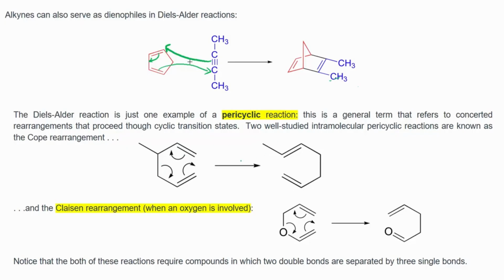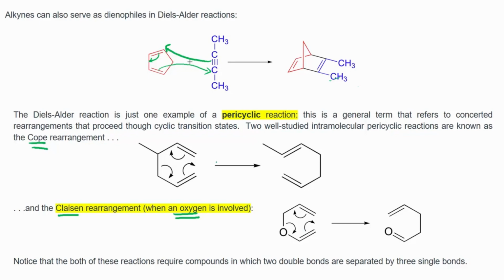It could also be seen as if you have what looks like an open ring and you have a heteroatom, like it's an ether molecule but it's a diene, you can have what's called the Claisen rearrangement. Now, Claisen is when oxygen is involved, but Cope is when it is just a hydrocarbon.